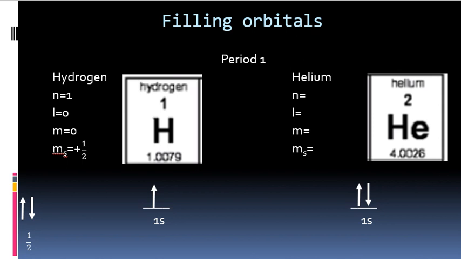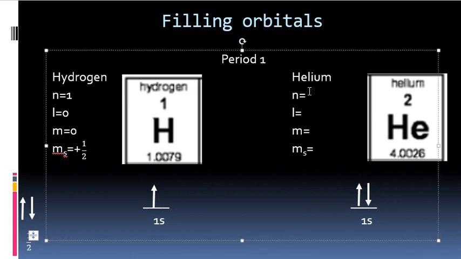Therefore, we have one electron that is spin up or spin 1/2, but the final electron, which is the one represented by a downwards arrow, would have the following quantum numbers. n would equal 1, because for any s block element, the principal quantum number equals the period number.